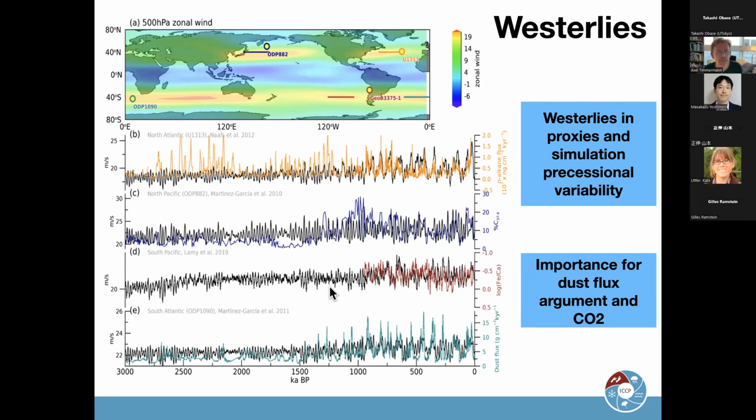Prior to that, it's getting pretty wild, but also the comparison between the proxies themselves is starting to lose consistency. So that's something we should keep in mind. We should not only look at one of the proxies sensitive to westerlies. But in any case, we can see that the westerlies in our model simulation clearly have a much stronger precessional variability. Some of that is also picked up in the higher latitudes in the proxy data.